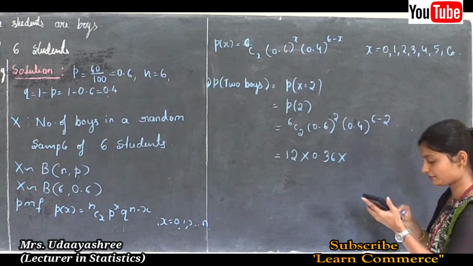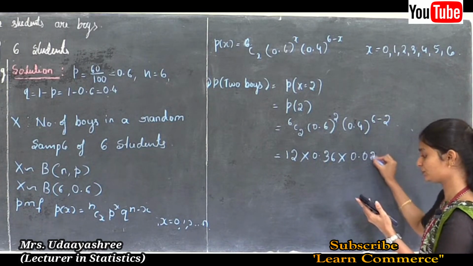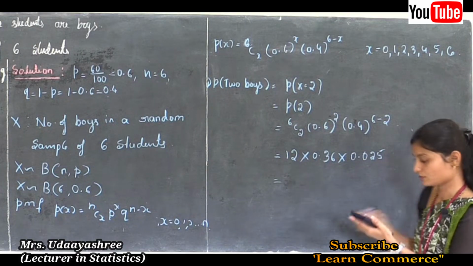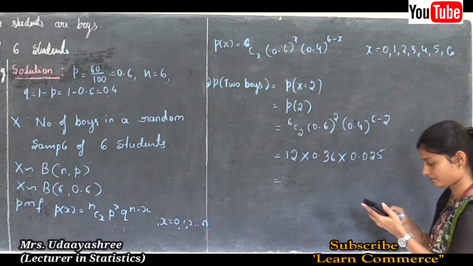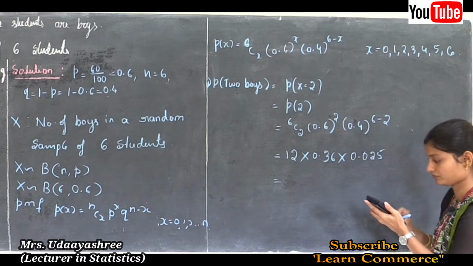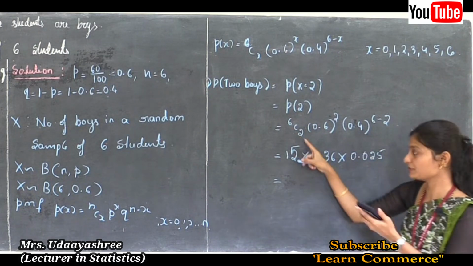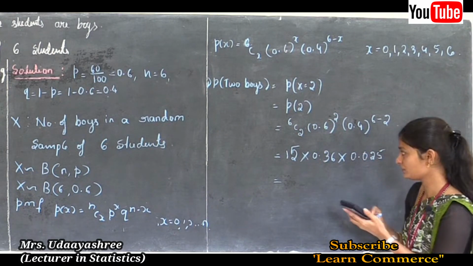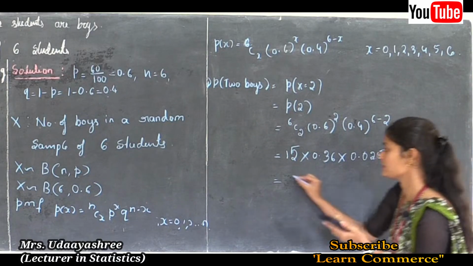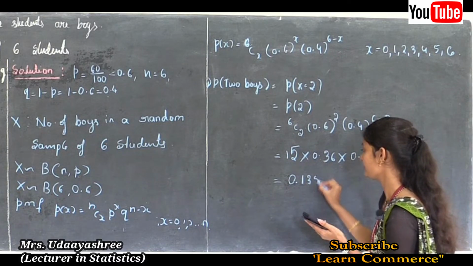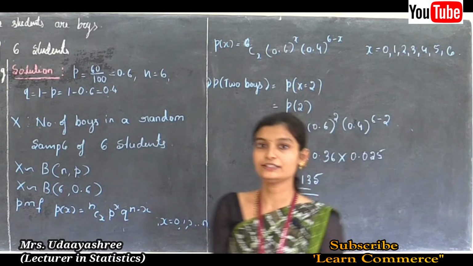So, 0.4 to the power 4 is 0.025. 6C2 is 15, not 12, 6C2 is 15. So, 15 into 0.36 into 0.025 is 0.135. This is the calculated answer for the probability of getting 2 boys.